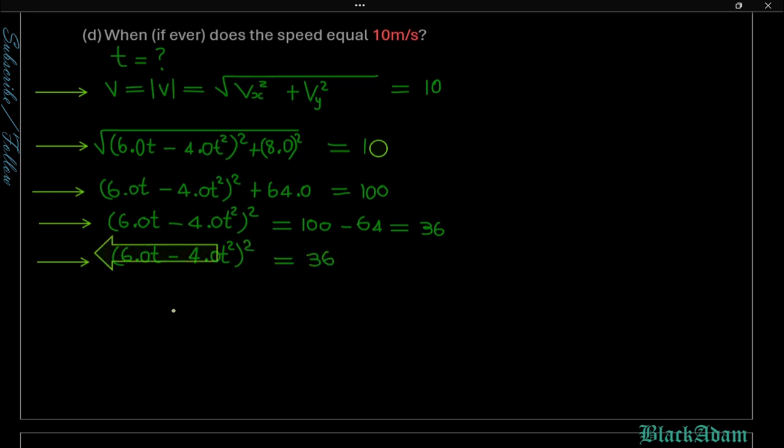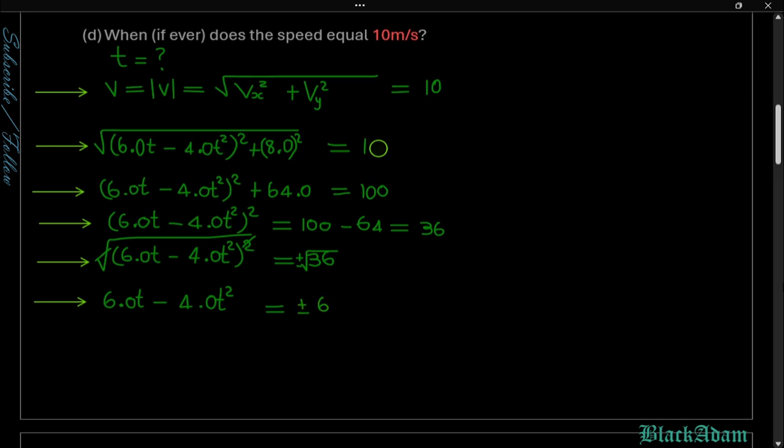Now square rooting both sides, we have plus or minus the square root of 36, so 6.0t minus 4.0t squared is plus or minus 6.